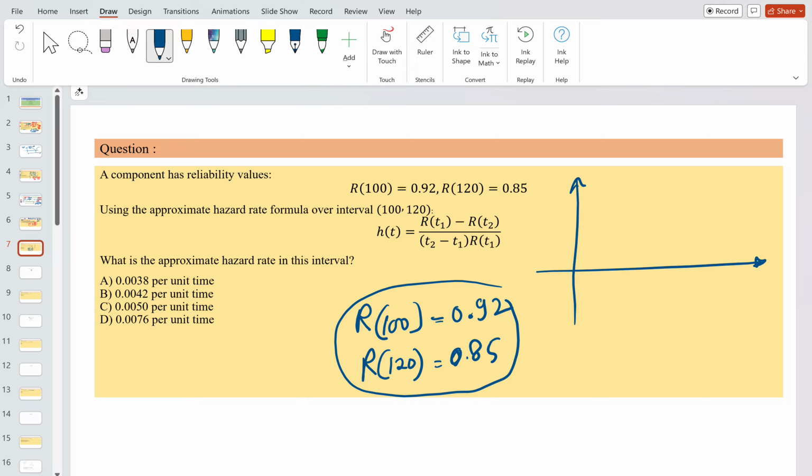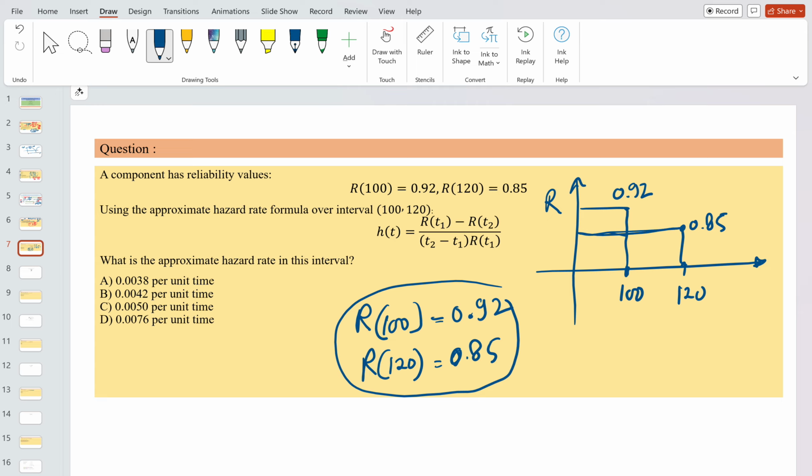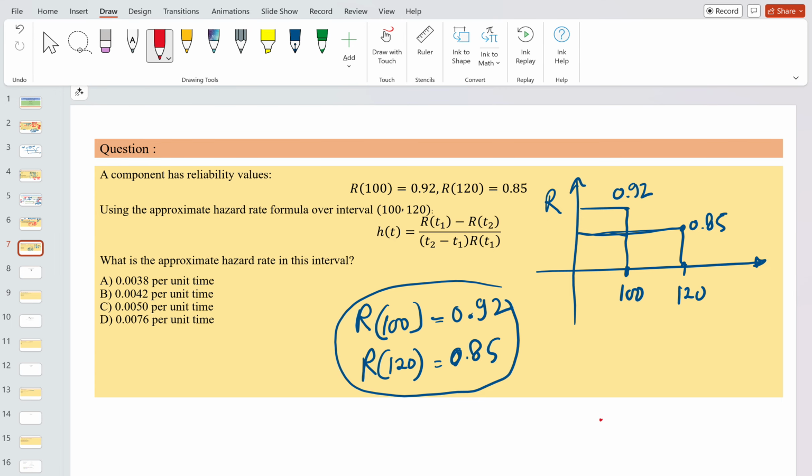At 100 the reliability comes out to be 0.92, and at 120 it dropped to 0.85. Suppose I wanted to ask whether, with respect to time, the reliability is increasing or decreasing.